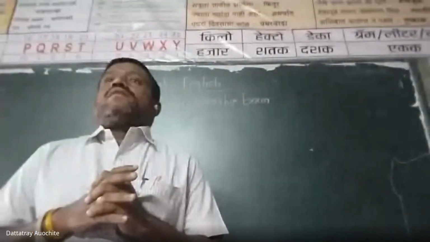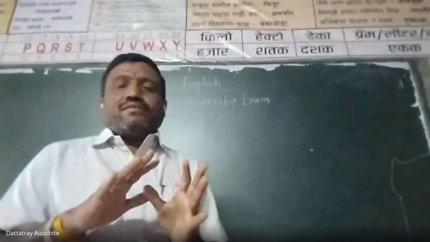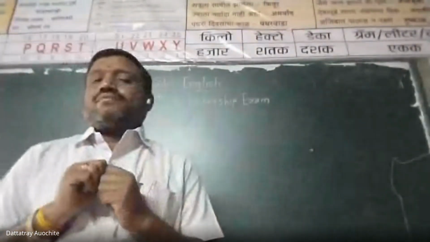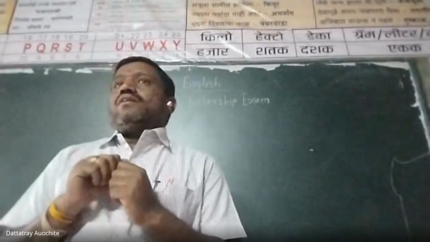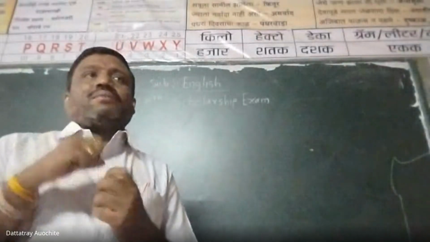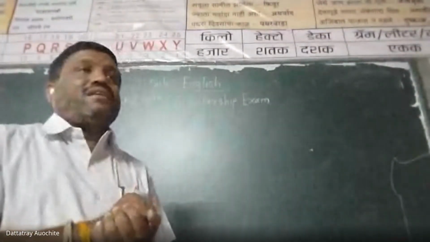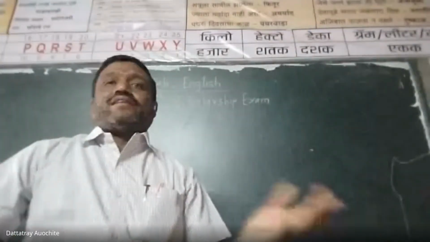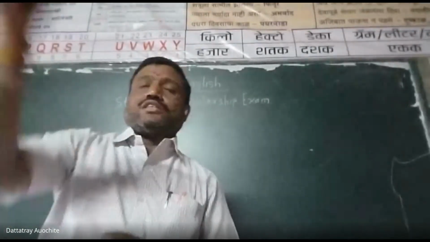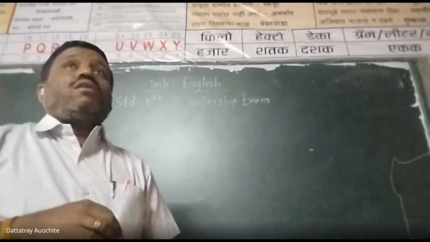So the very basic thing: when any writer or speaker wants to say something, he has some intention in his mind about what the effect of his speaking should be on the listener.